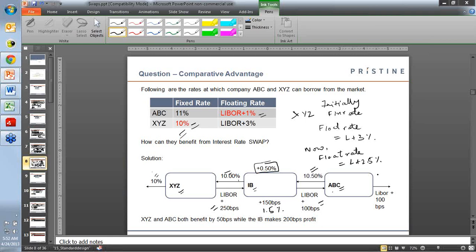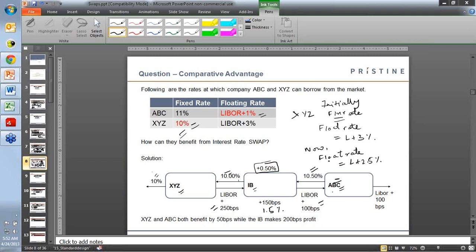So you can see here that due to the swap, XYZ was able to reduce its borrowing cost and also change the nature of its liability. While it took a fixed rate loan from a financial institution, it is receiving the payment for that fixed rate loan from ABC. So it no longer needs to worry about payments on that fixed rate loan.